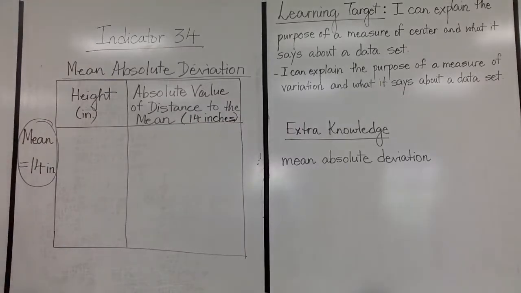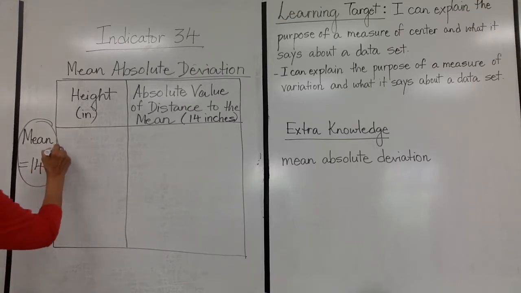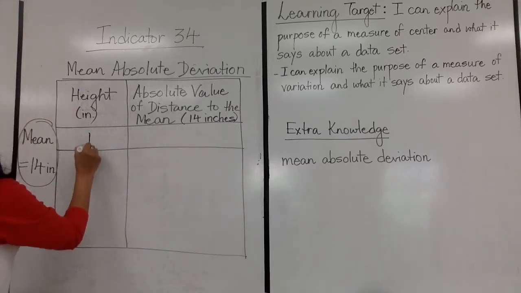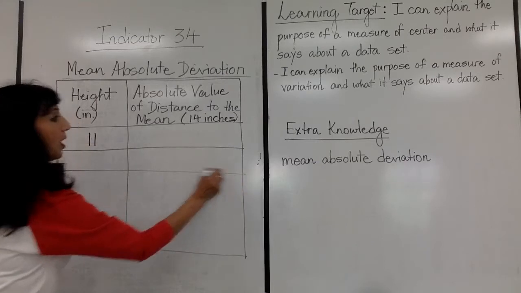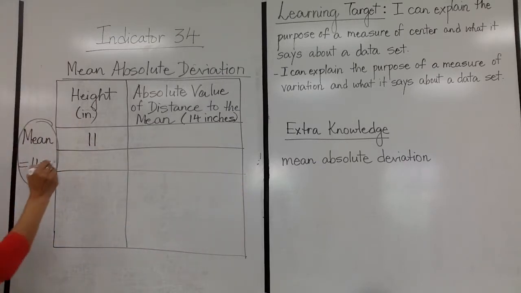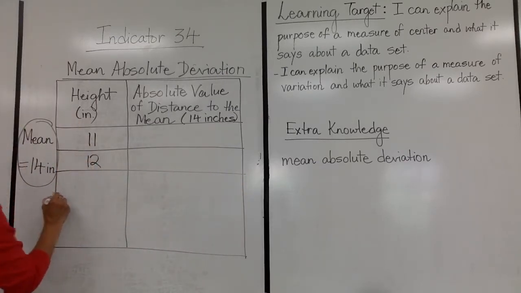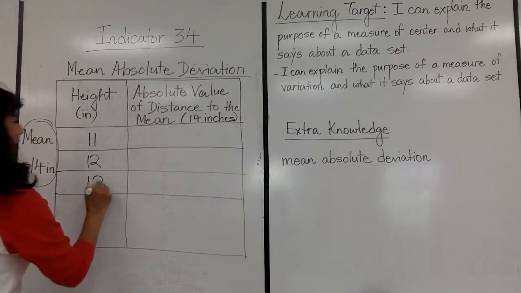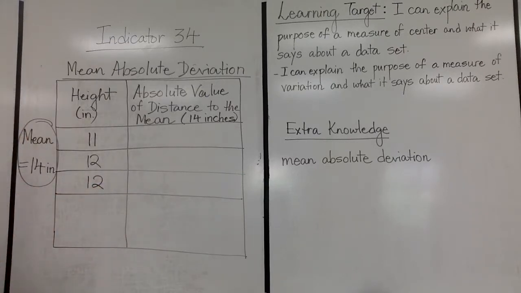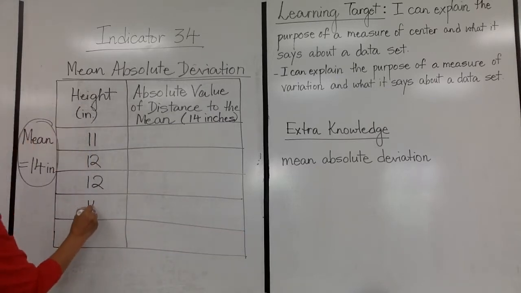So let's say, again, a scientist measures the heights of 5 plants. Their heights in inches are 11, 12 inches, 12 inches, 15 inches, and 20 inches.